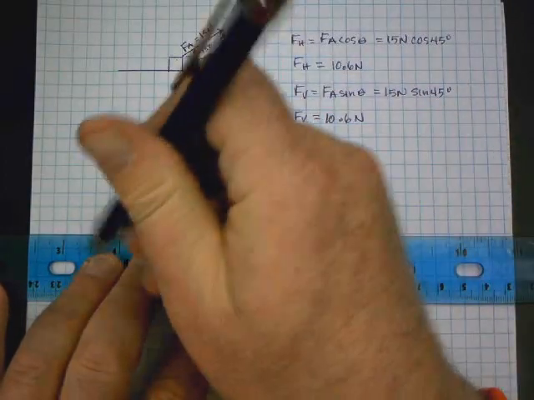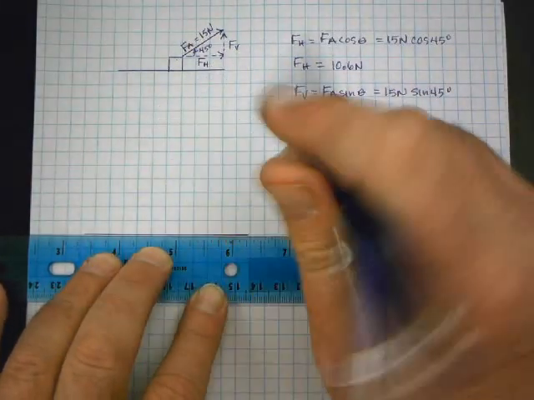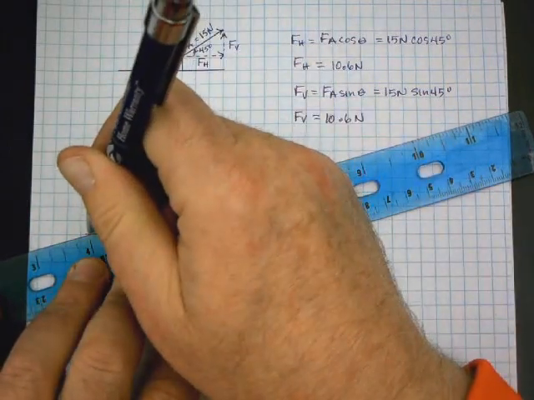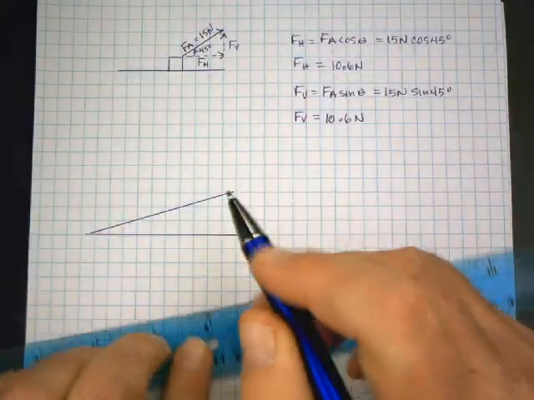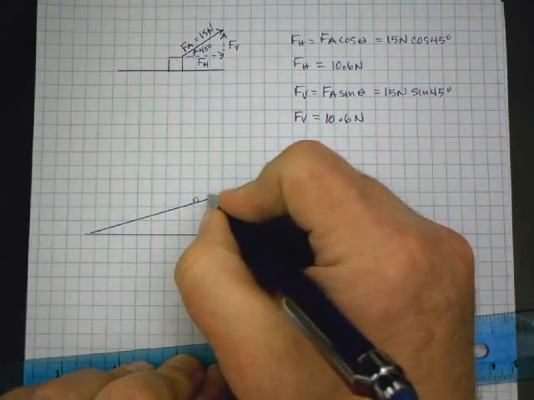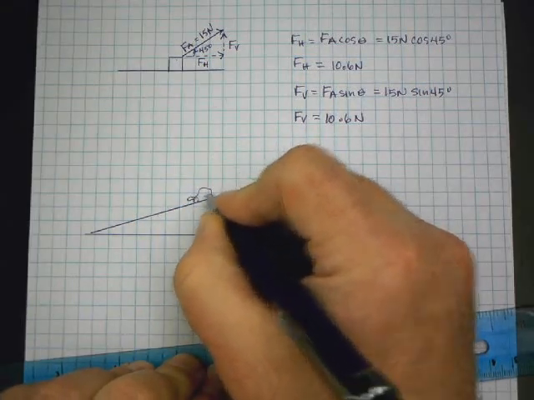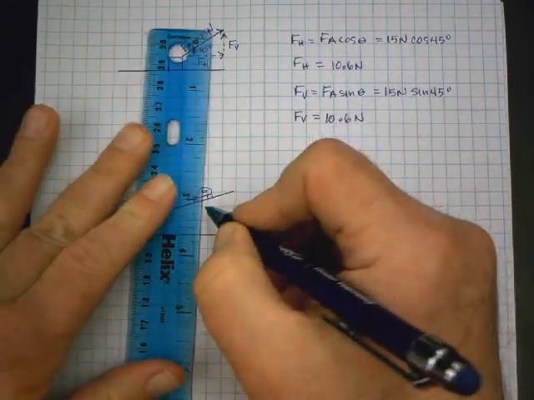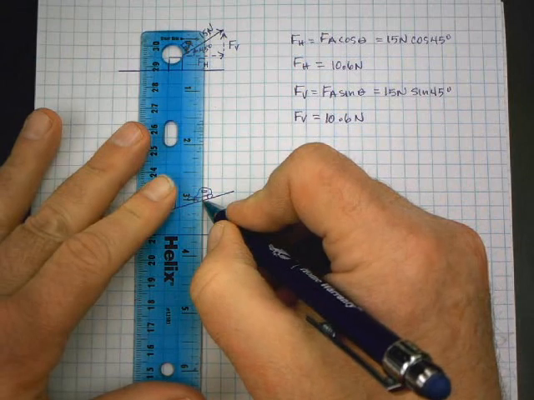Down here a little bit. So here's our car. It has weight.